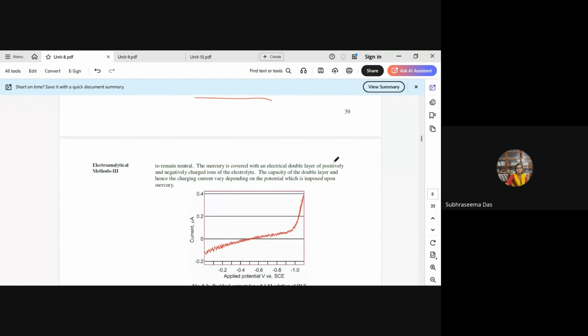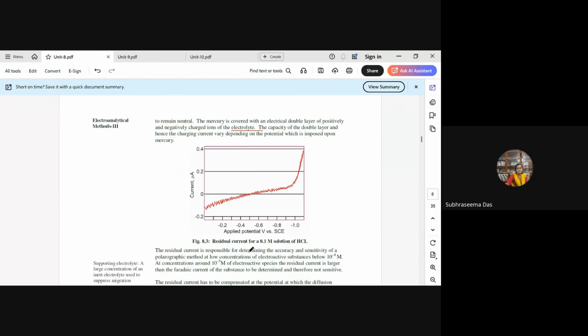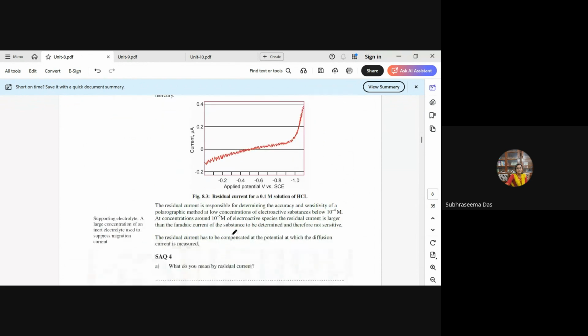The mercury is covered with an electrical double layer of positively and negatively charged ions of the electrolyte. The capacity of the double layer, and hence the charging current, varies depending on the potential imposed upon mercury. In figure 8.3 you can see the residual current for a 0.1 molar solution of HCl.